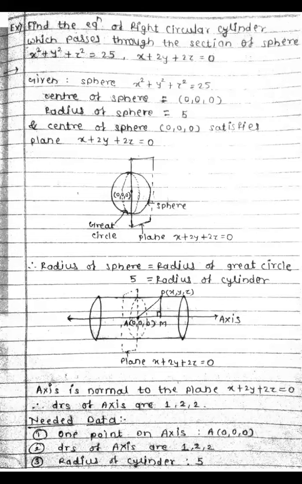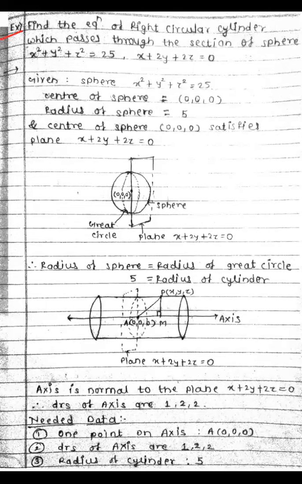Next example, find the equation of the right circular cylinder which passes through the intersection of a sphere, and this is the equation of a plane.